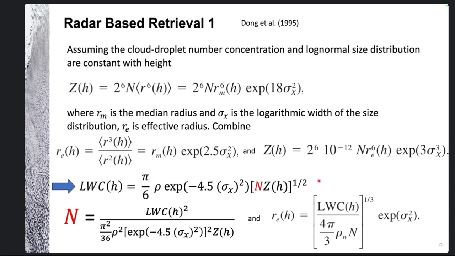Based on their method, you can derive that the number concentration can be expressed by the liquid water content, the water density, and the radar reflectivity. This value is assumed to be constant. The liquid water content can be derived from the radiometer liquid water path divided by the cloud thickness. And once we have the values for N, we can derive the effective radius.